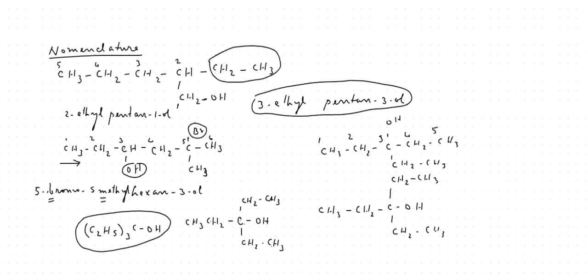Another compound is CH2 double bond C Cl CH OH CH3. Now, it has a double bond. Double bond is also a functional group.